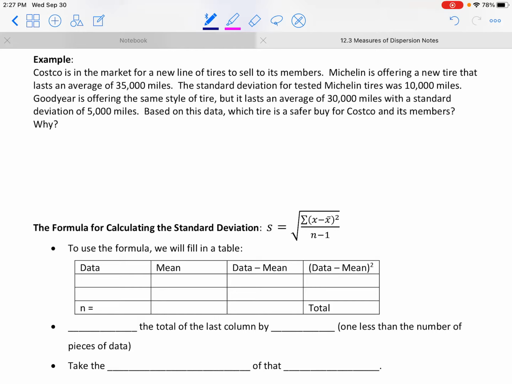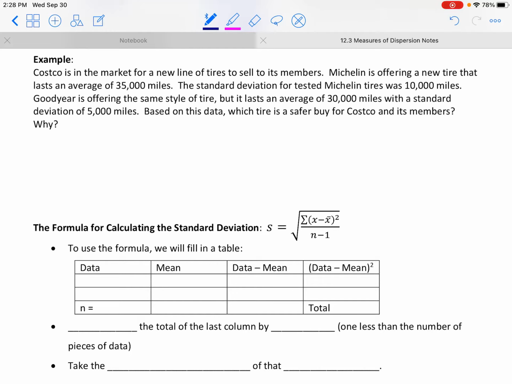They're offering a new tire that lasts an average of 35,000 miles. But the standard deviation for tested Michelin tires is 10,000 miles. Now Goodyear, they're offering the same style of tire, but it lasts an average of 30,000 miles with a standard deviation of 5,000 miles. Based on the data, which tire is a safer buy for Costco and its members?